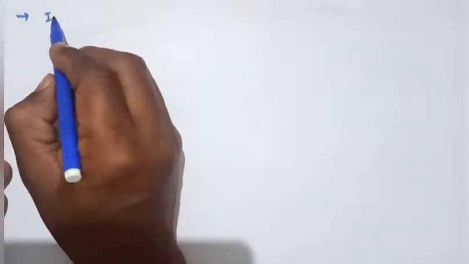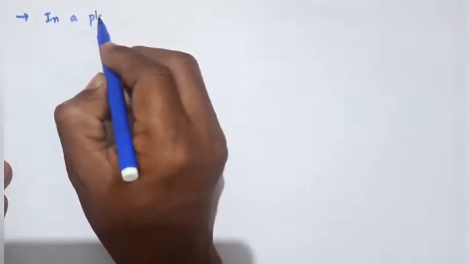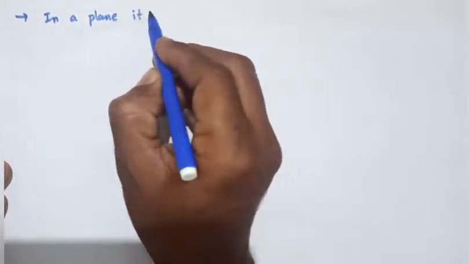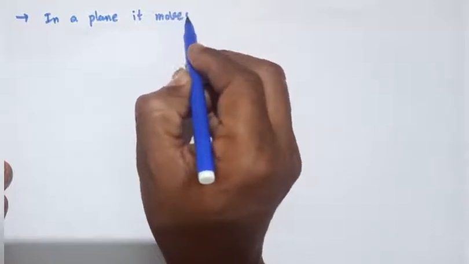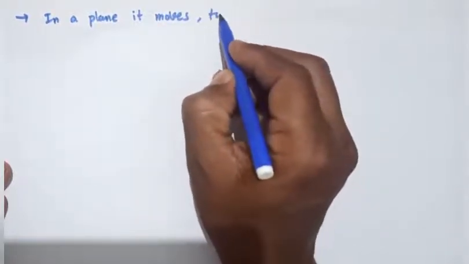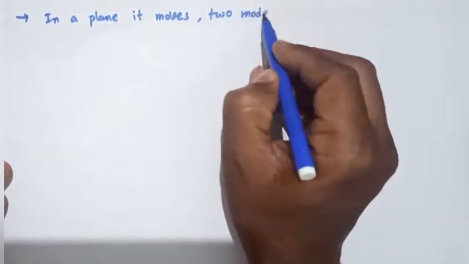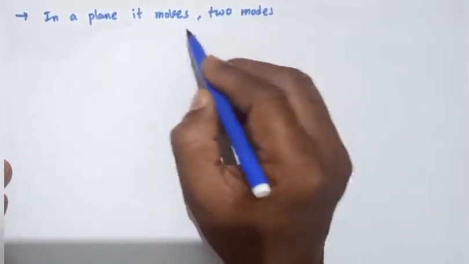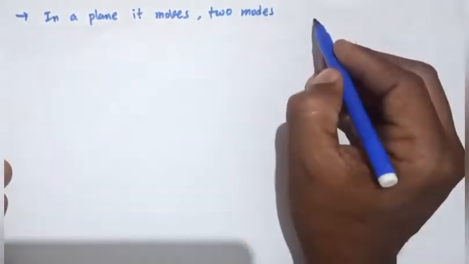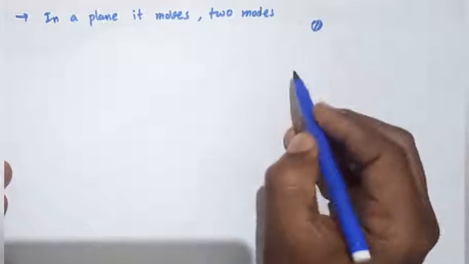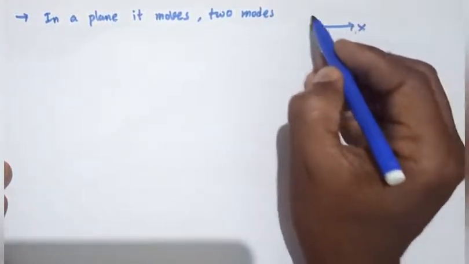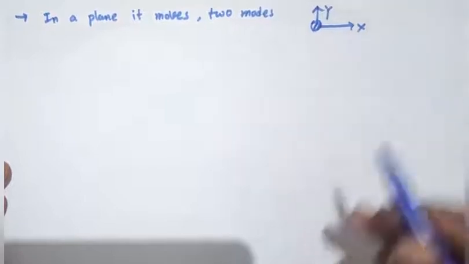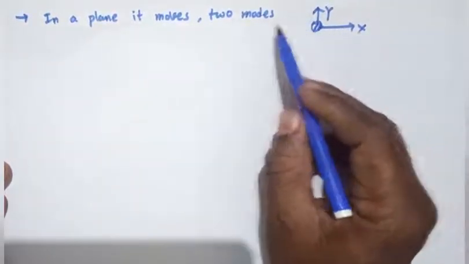So we consider it as a monoatomic molecule. In a plane, it moves in two modes only, along the x direction and along the y direction. It does not move along z, it is only a plane.